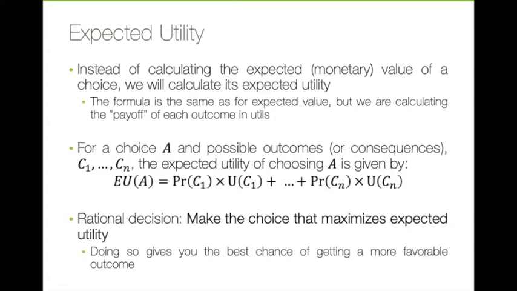And then the guideline for a rational decision is similar to what it was before. Our goal is to make the choice that maximizes expected utility. And that's because doing so gives you the best chance of getting a more favorable outcome.